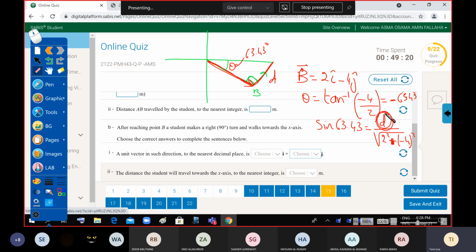Why? Because you want to find the distance. So you take it as 63.43. And then it will be d over the magnitude, because it is over the hypotenuse. The measure of this hypotenuse is the magnitude of b.